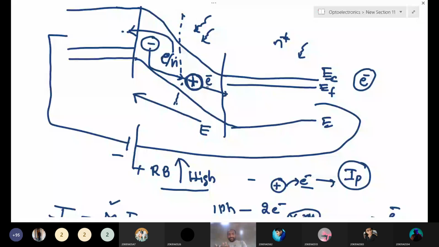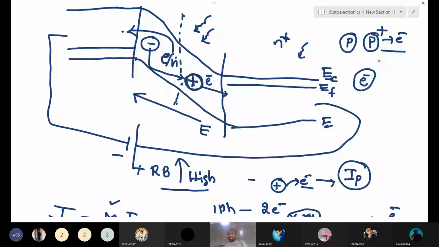Ionization is nothing but, suppose here a phosphorus atom is there. Ionization means once it leaves an electron, it will get a positive charge, or once it receives an electron, it will get a negative charge.